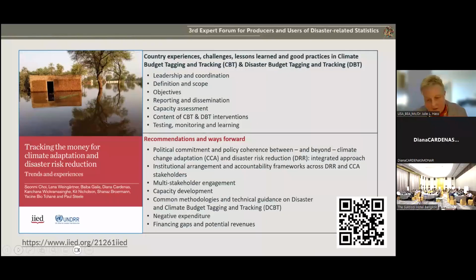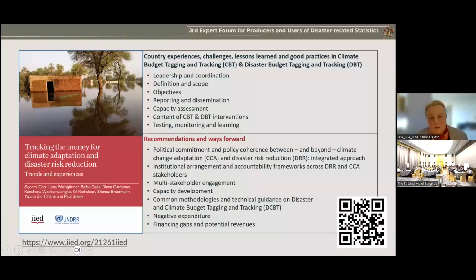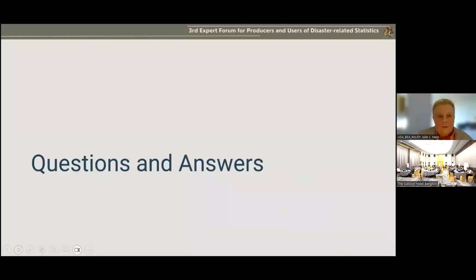Now we'll transition over to some questions. I've prepared some questions, but let's first start with the question that actually came from online, and it goes to Polaris about the Philippine Statistics Authority. What was the role of the PSA in creating this DRR expenditure account?